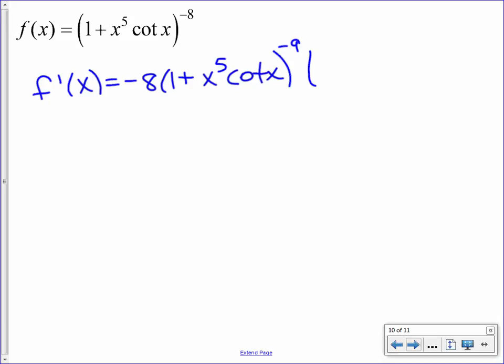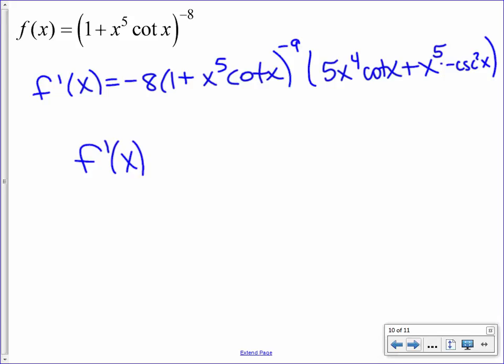Product rule. So derivative of the first times the second plus the first. What is the derivative of the second? Good. We remember our rules. So our derivative, if we make this look a little nicer, negative 8 times, I'm going to rewrite that, 5x to the 4th cotangent x minus x to the 5th cosecant squared x.